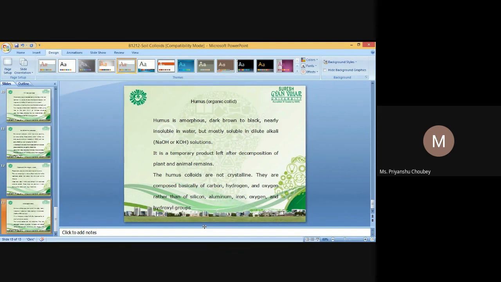Plinthite: humus poor, iron oxide rich, red horizon which hardens irreversibly to ironstone. Weatherable minerals: all 2:1 ratio and 1:1 type minerals, except aluminium interlayered chlorite, and sand and silt sized minerals.